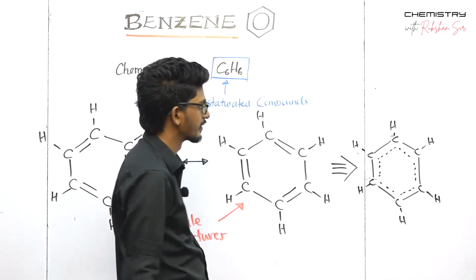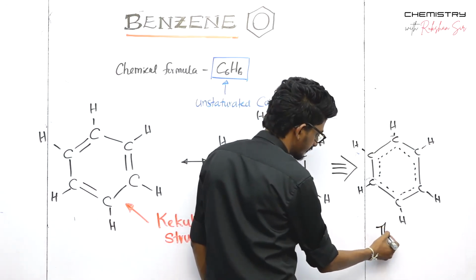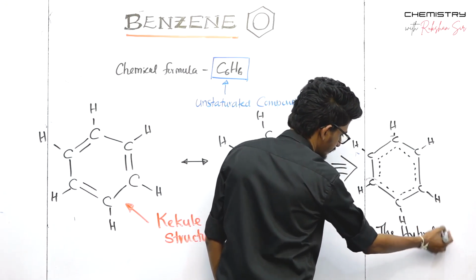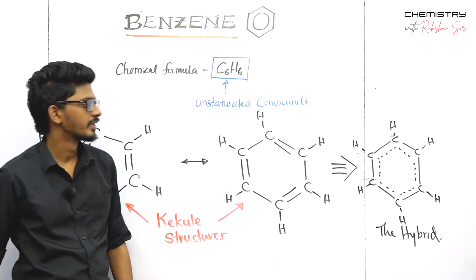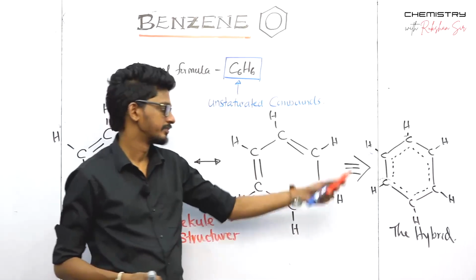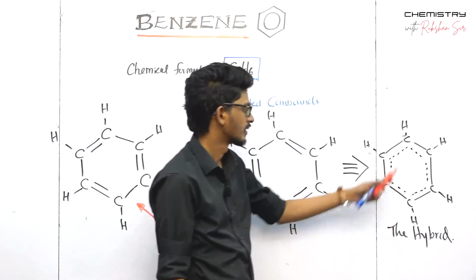The hybrid of Kekulé structures, right? So this is benzene. The most convenient form is this hybrid.